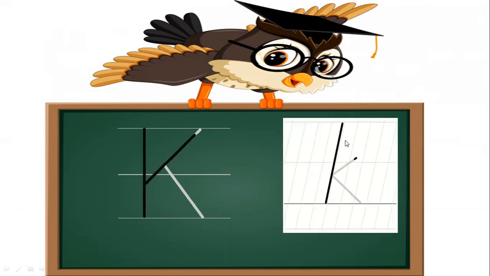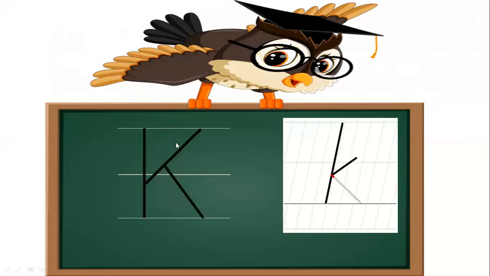Now, in lowercase, how will you write the lowercase k? Again, draw a standing line starting from the top, reaching to the bottom, and then from the middle, draw a slanting line touching the middle of the standing line, and then draw another slanting line touching the bottom.